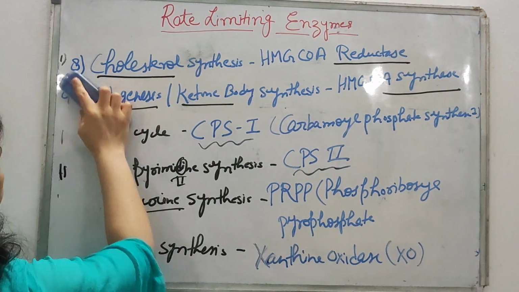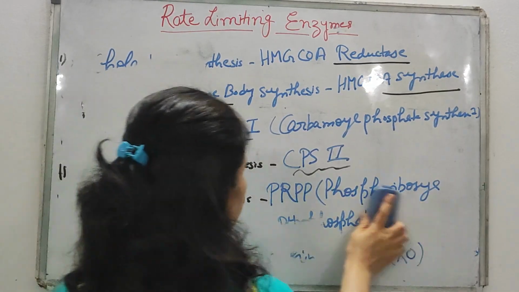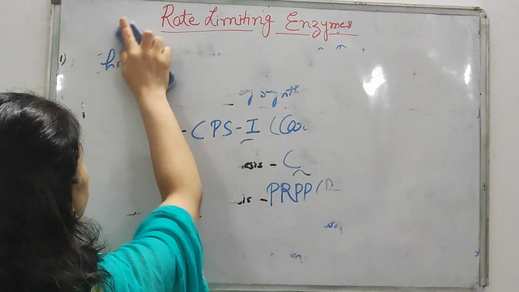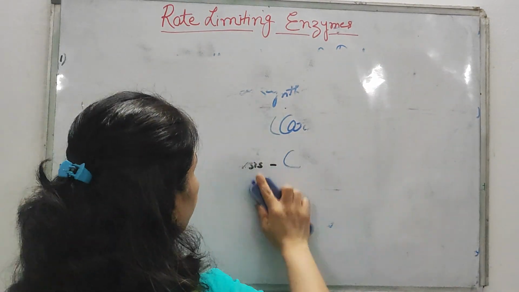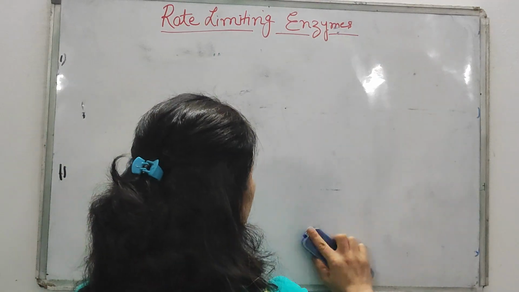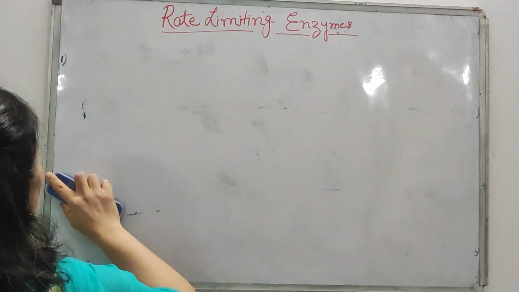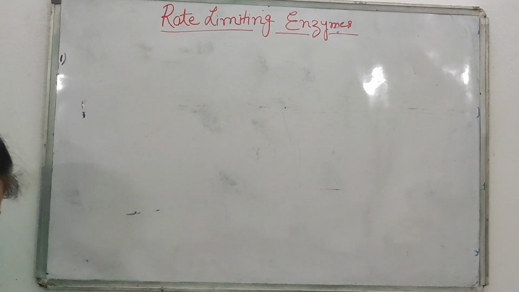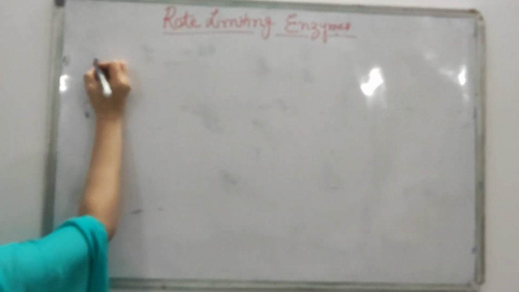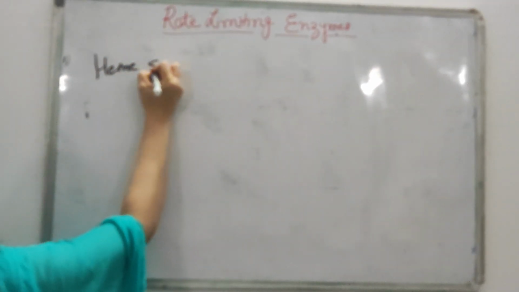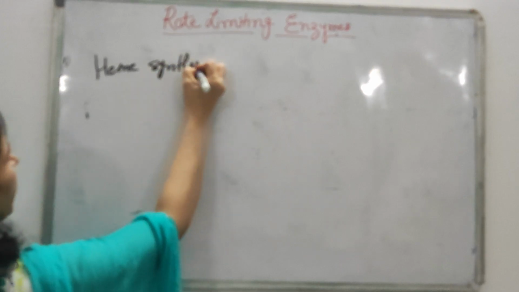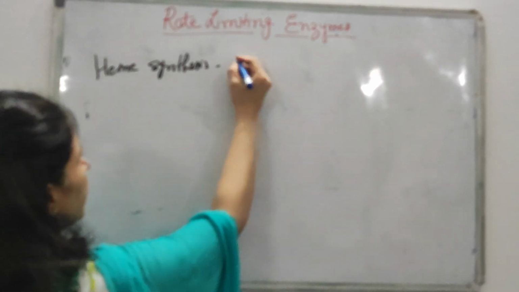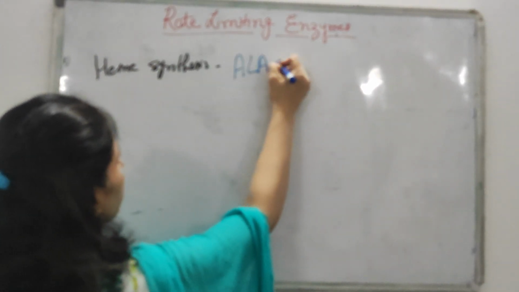Next is heme synthesis. So these are the rate limiting enzymes of all the cycles which you read in your biochemistry, and you should have an idea of all these cycles. What is the rate limiting enzyme of heme synthesis? It is ALA synthase.